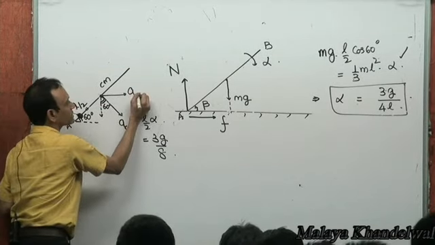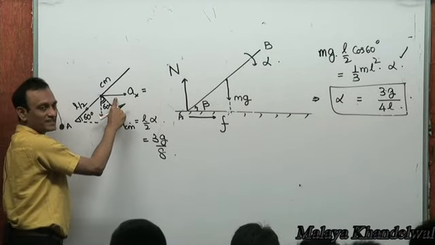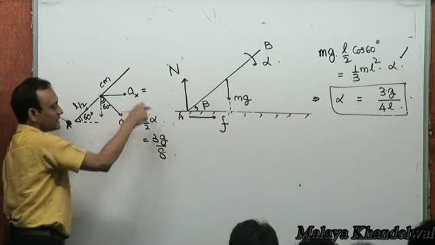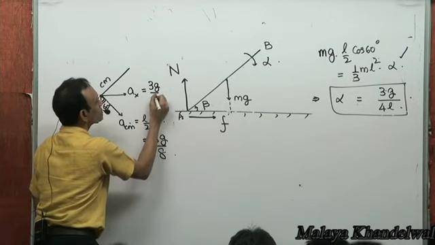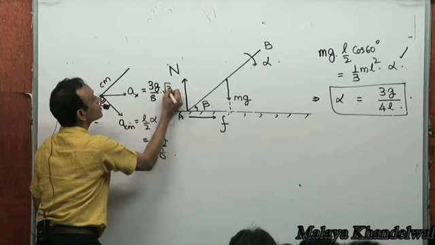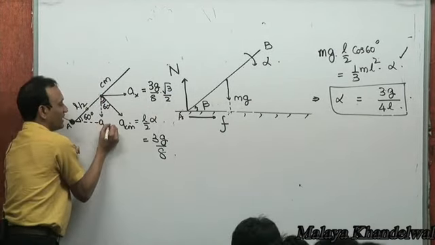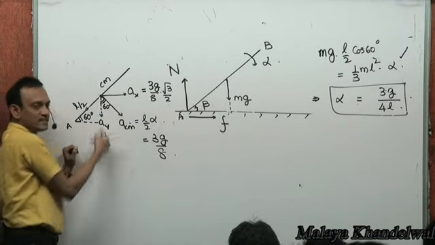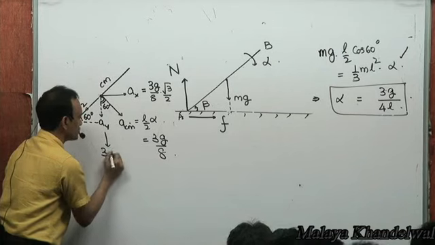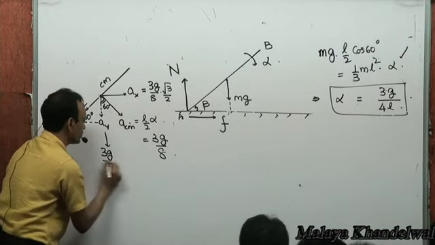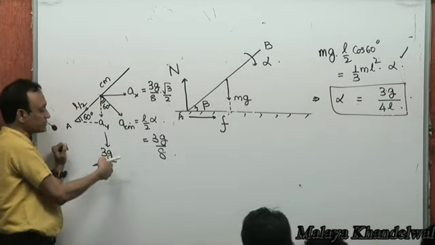In the horizontal direction, that is ax, it's going to be ACM sine 60 degrees, which means 3g by 8 into sine 60 degrees, root 3 by 2. That's ax. And this is ay. Ay is what? ACM cos 60 degrees. That means ay is going to be 3g by 8 into half, that means 3g by 16 is the vertical acceleration.